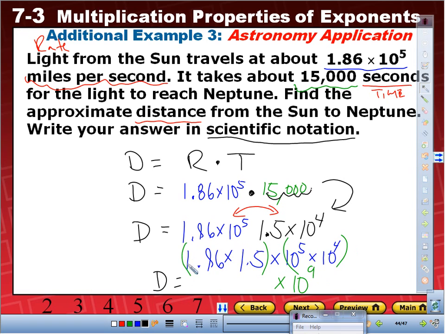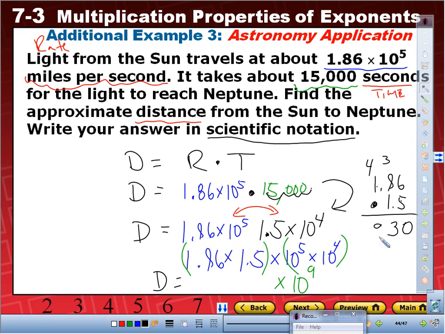And then I just need to find my computation. I'm going to do it over here on the side. 1.86 times 1.5. Let's see. 5 times 6, that's 30. I got 3. 5 times 8, that's 40. Plus 3, that's 43. I got 4. 5 times 1 is 5.